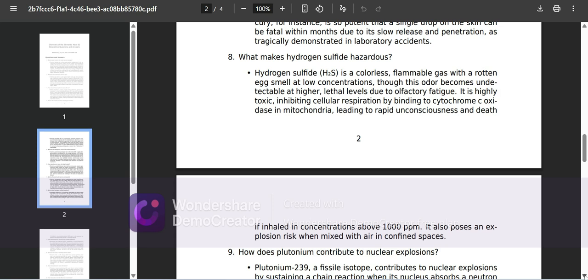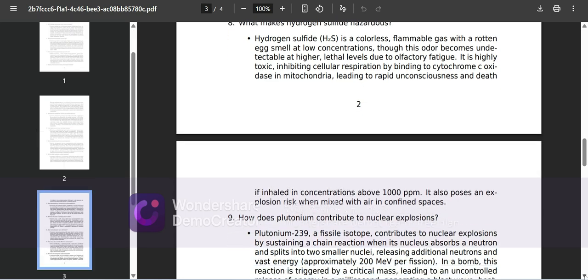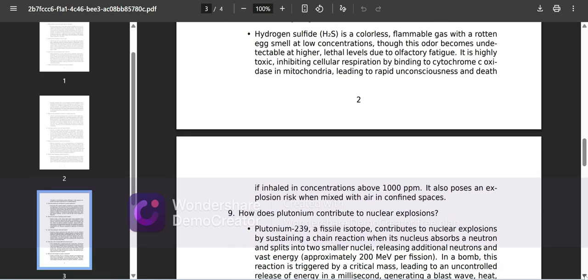It is highly toxic, inhibiting cellular respiration by binding to cytochrome c oxidase in mitochondria, leading to rapid unconsciousness and death if inhaled in concentrations above 1000 ppm. It also poses an explosion risk when mixed with air in a confined space.